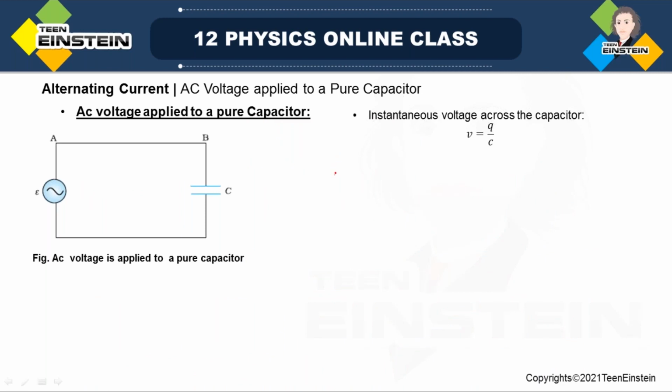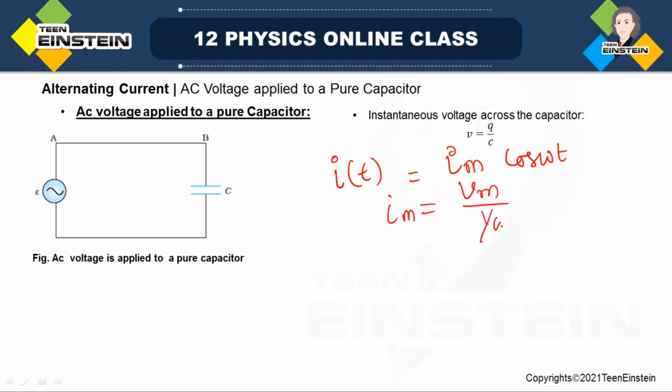So look now, I have got I(t) is equal to Im cos of omega t, where Im is equal to Vm by 1 by omega C, where 1 by omega C is called capacitive reactance.